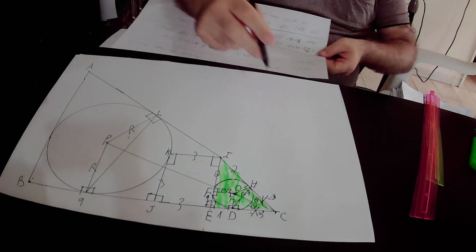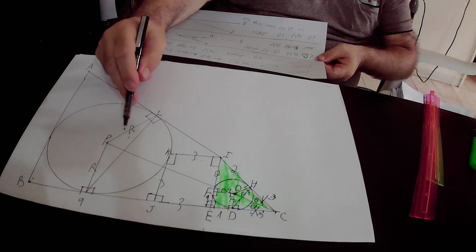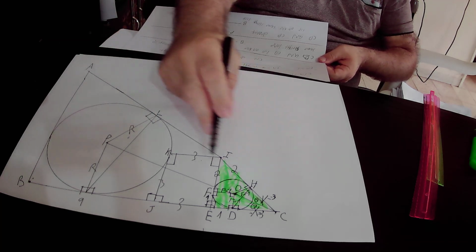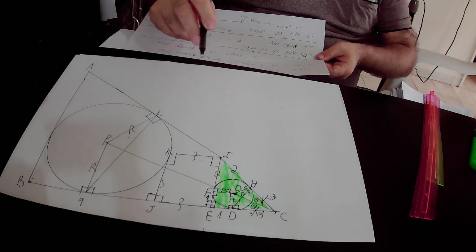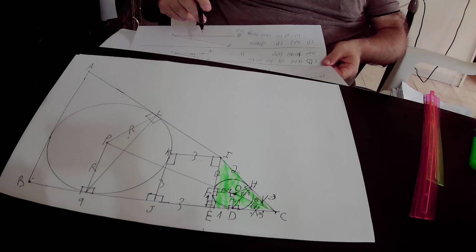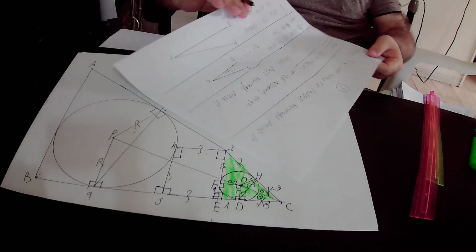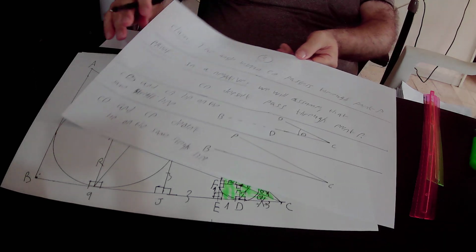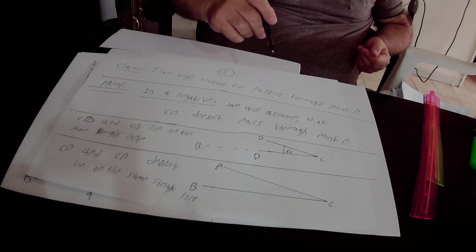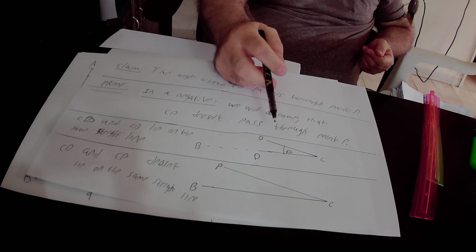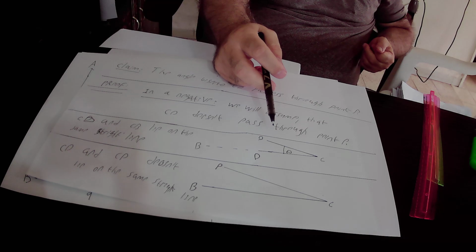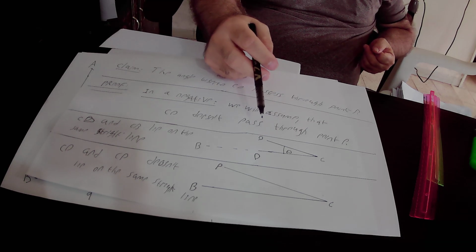Why? Because if CO doesn't pass from point P, it means that CO and CP don't lie on the same straight line. So we have here two angles. One leg of those two angles lies on the same straight line.